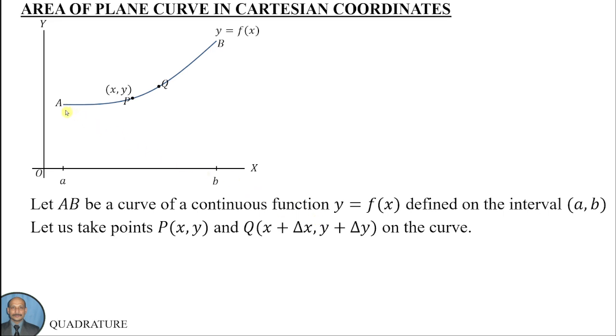From the point A, let us drop a perpendicular on the x-axis, and AC is the perpendicular on the x-axis drawn from A. That is, AC is the ordinate of the function at the point A. Let us draw another perpendicular line from P on the x-axis, and let this be PM.